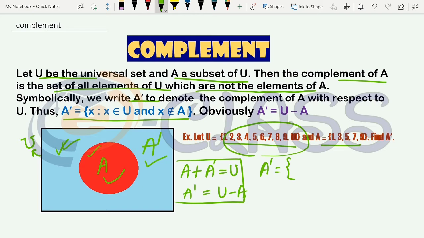Here we can see that A contains 1, 3, 5, 7, 9.